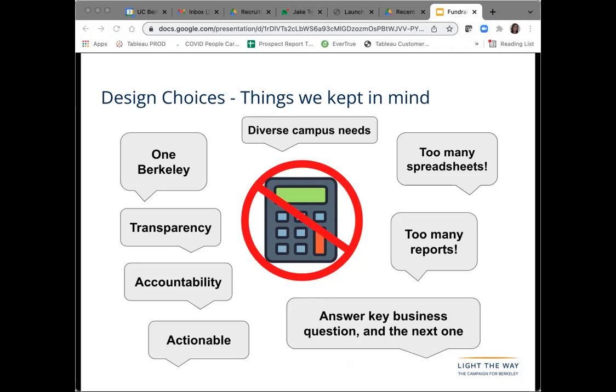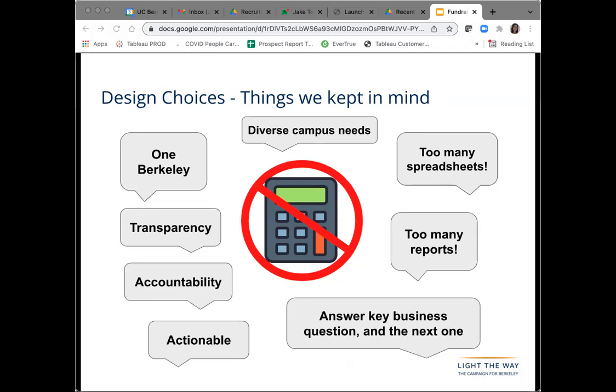And then you have really small programs. You have departments that are interested in fundraising or ORUs and such. So how do we deliver a campus standard that can scale? I wouldn't say that we've solved that problem per se, but we've really attempted to. And that's something we always keep in mind as well. And then listening to our users' feedback.